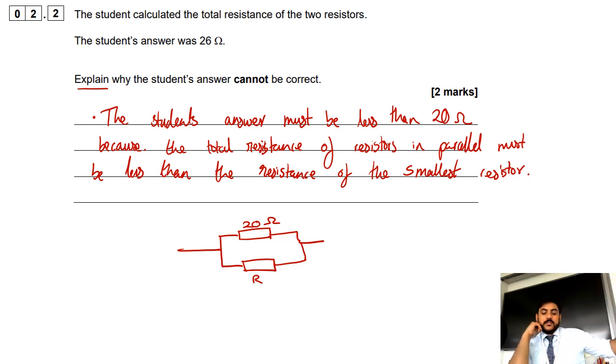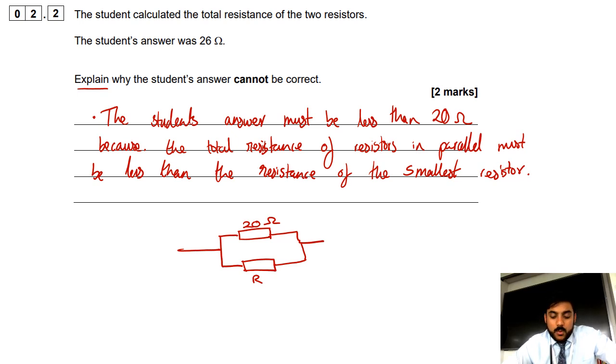The total resistance of the resistors in parallel must be less than the resistance of the smallest resistor. Now, if the 20 ohm resistor was the smallest of the two resistors, then it has to be less than 20. If R is smaller than the 20 ohm resistor, it's still, the total resistance has to be less than 20.